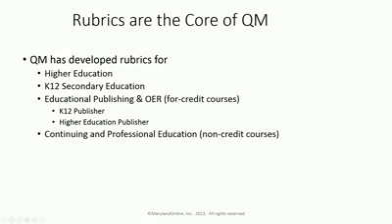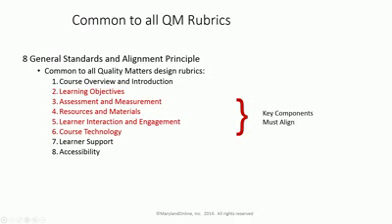The K-12 secondary rubric was created in partnership with the Florida Virtual Schools, with Wiley and Sons for the development of the educational publishers rubric, and then with UPCEA, the University Professional and Continuing Education Association, for the development of the Continuing and Professional Education rubric, which is for non-credit courses. We have rubrics for all of those.